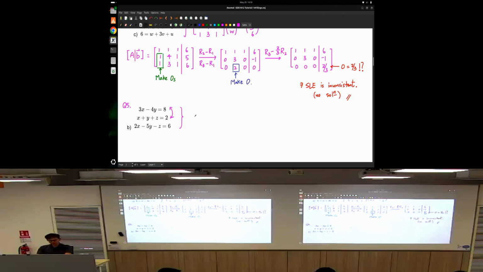Actually, don't even need to write matrix notation. Straight away write the augmented matrix. So the augmented matrix is 1, 1, 1, then 2. Then if I swap, that will be 3, minus 4, 0, and then 8. And finally, you have 2, minus 5, minus 1 and 6. Any questions?